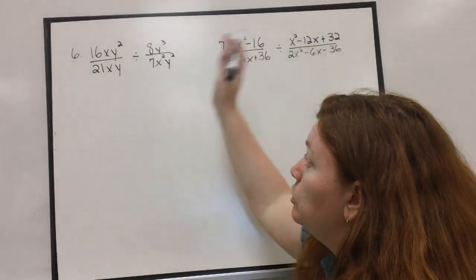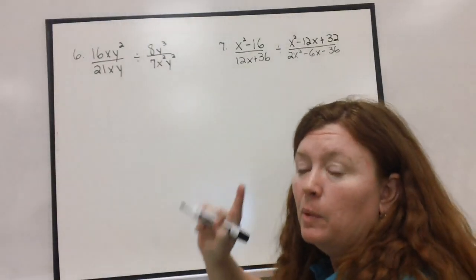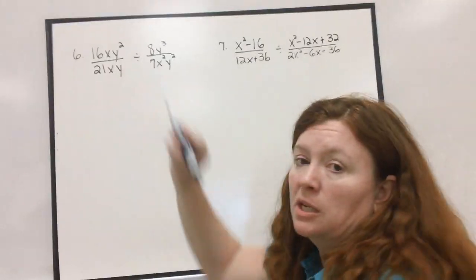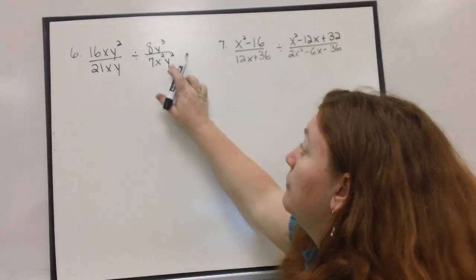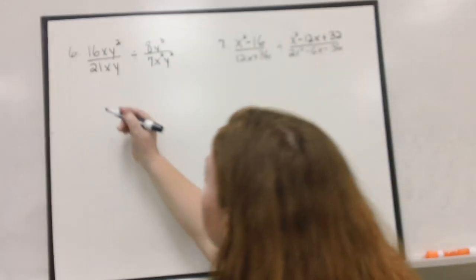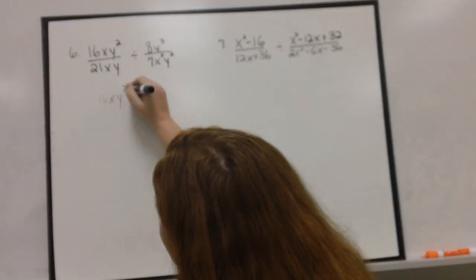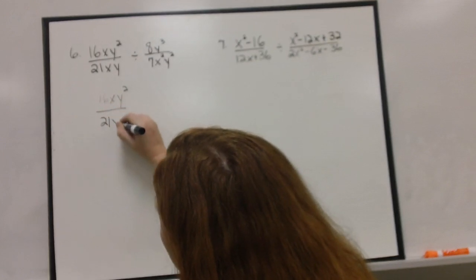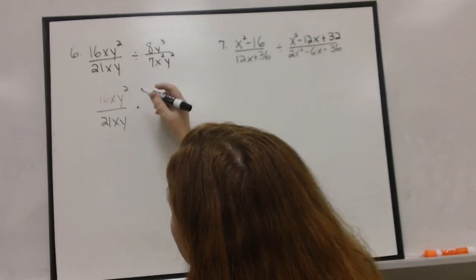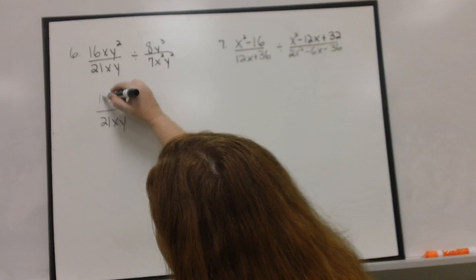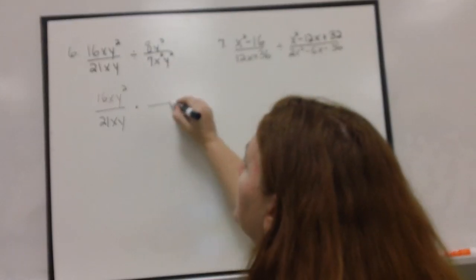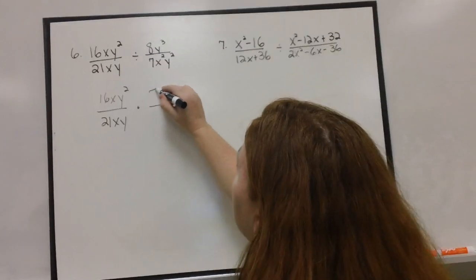You can cancel a numerator with a denominator, but we have an issue. We have a division. When you divide by a fraction, it is the same thing as multiplying by the reciprocal.